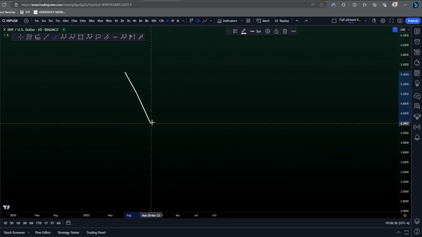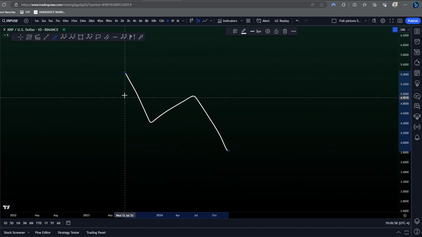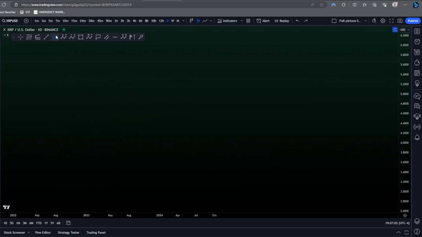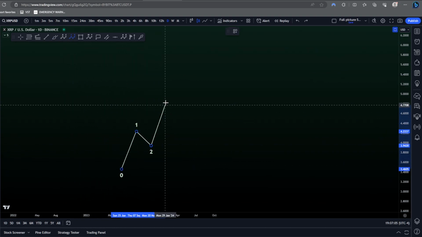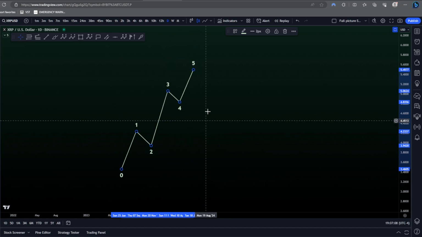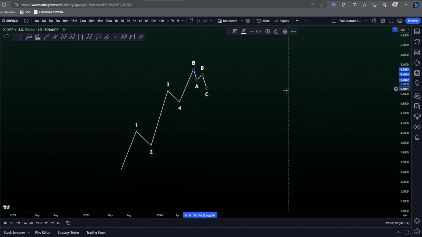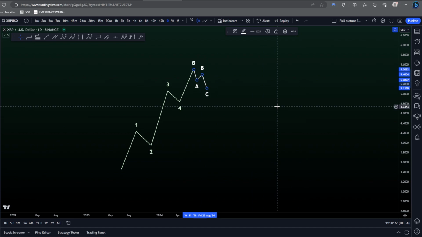Other forms of corrections other than our zigzags, you will have what's called a flat. So I'm going to draw our impulsive wave. That's our impulse. Now we've got to correct this entire impulse, right? So what happens sometimes is you have a flat, is what we call them. There's different variations of flats: running flats, expanding flats. It can come in a variety of different ways.